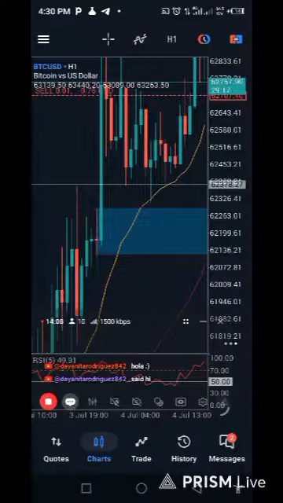it has to come back to where it broke the structure and look for a demand zone or a supply zone. Because that's where the money is, it goes there, picks all the money he wants to pick there, and goes back to his direction.